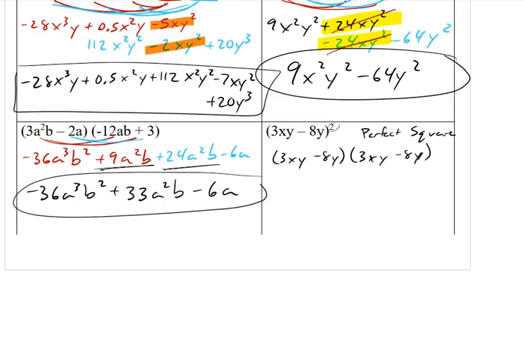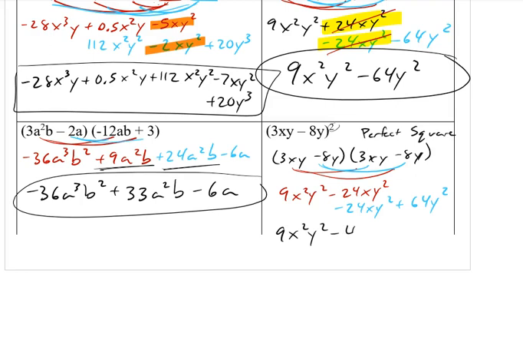You distribute: 9x squared y squared minus 24xy squared minus 24xy squared plus 64y squared. Combine like terms, which are these two in the middle. 9x squared y squared minus 48xy squared plus 64y squared.